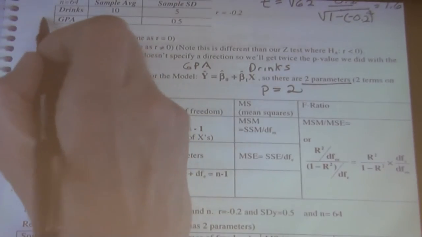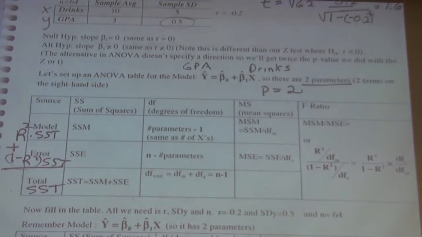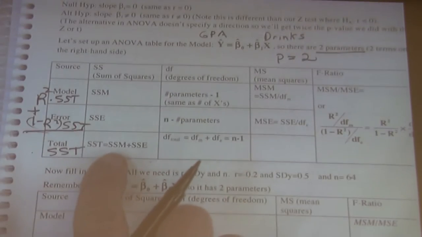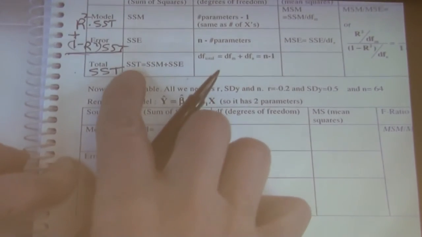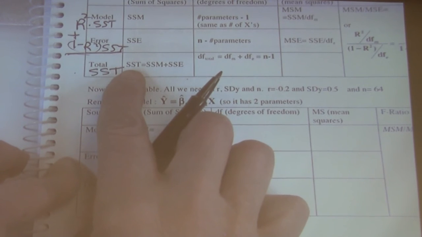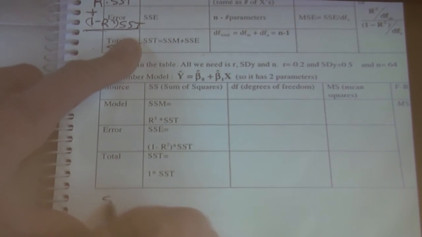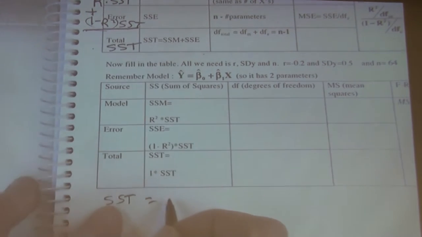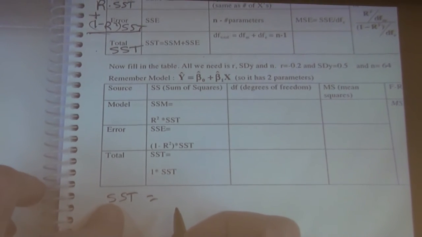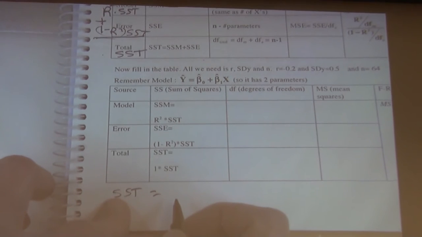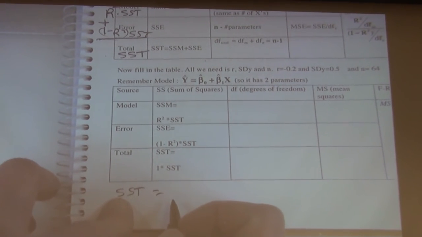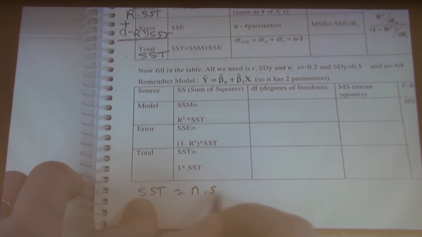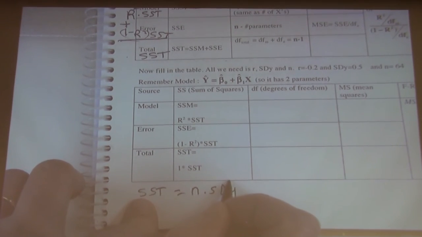We're predicting GPA, so we're going to use that standard deviation of the y's. And we know the relationship between the standard deviation of the y's and the SST. The SST is just going to be the variance multiplied by n, so n times the standard deviation of the y's squared.